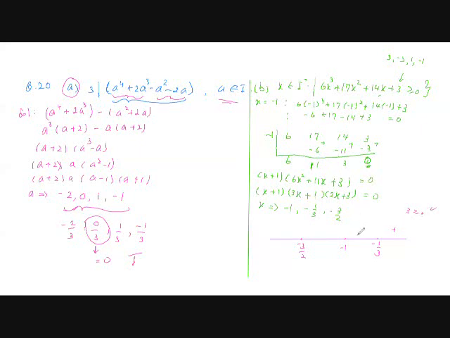And then you try any point between here, 0, any number you can try. You can try by yourself, 0, 0.3, 1.